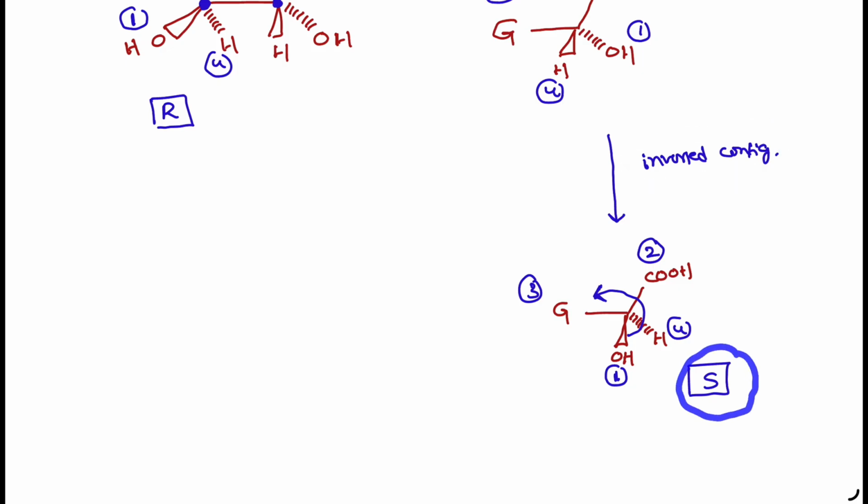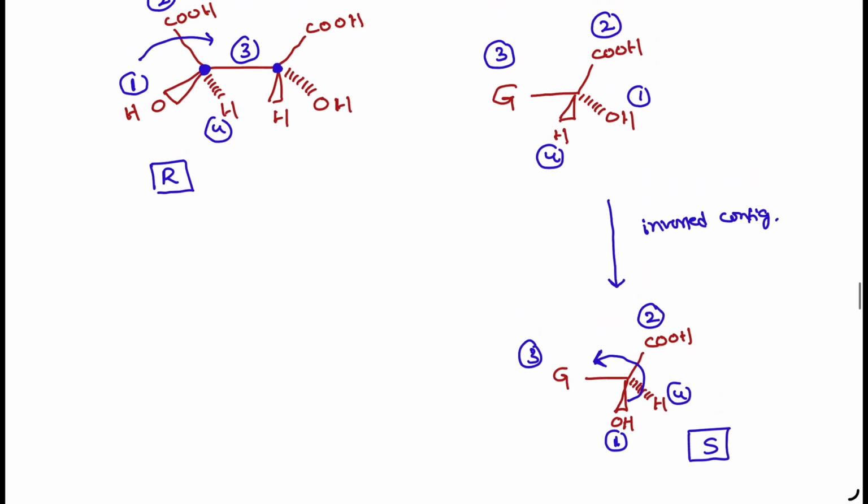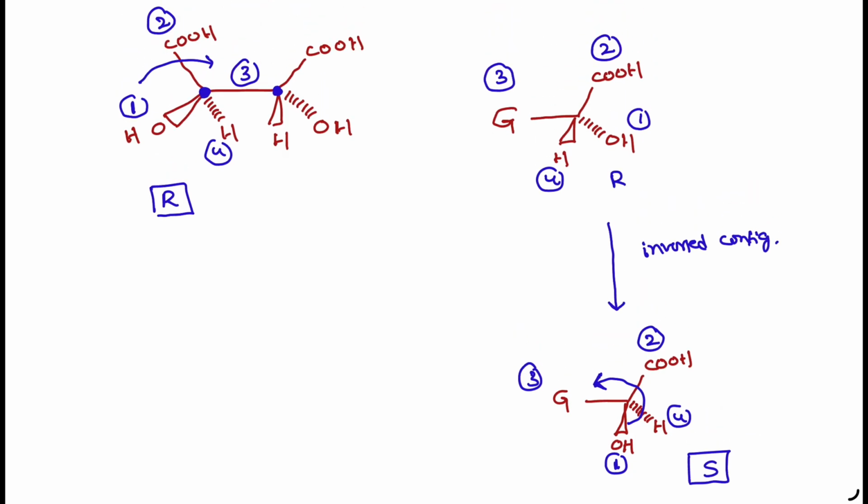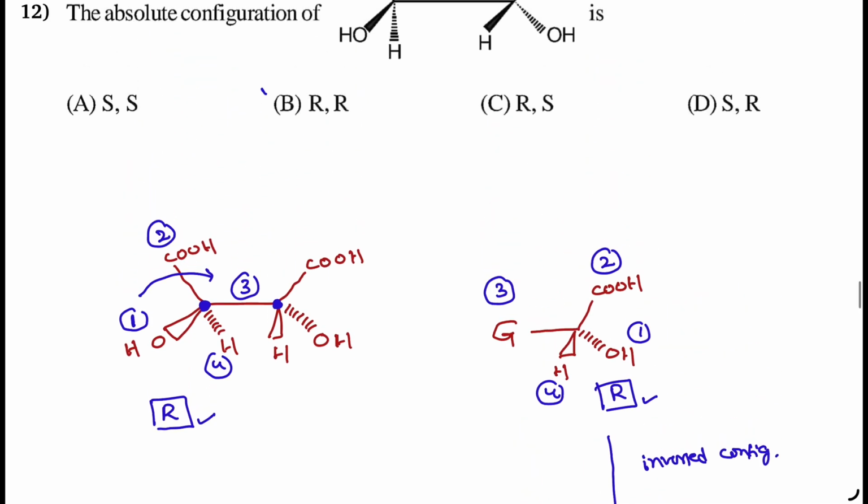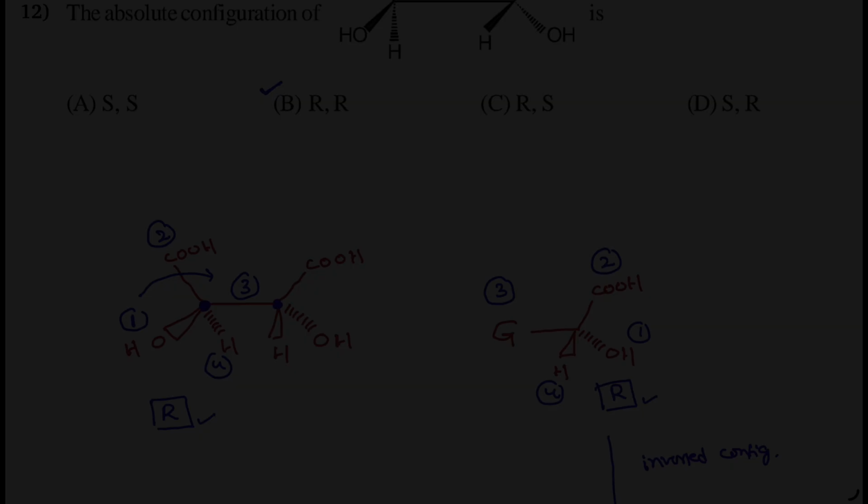After inversion the configuration is S, therefore before inversion the configuration would be definitely R. So this is R, this is also R. Both have the same configuration. So this is the RR configuration. So the answer must be B.